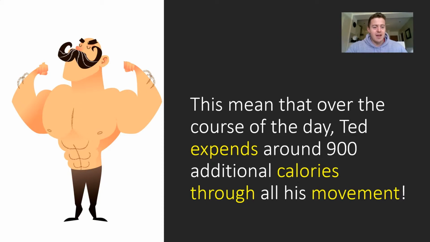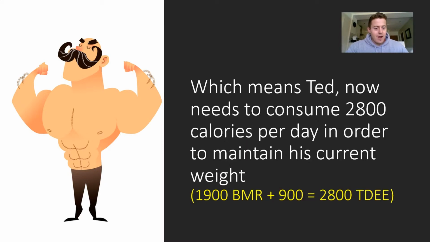That's things like breathing and digesting food. When you add them up, it comes to 2,800 calories. So this is his total daily energy expenditure. You work this out by adding your BMR, the amount of calories you need to survive as a human being, plus the expenditure you do through daily activity, which includes anything from going to the gym, to walking, to just moving around the house, picking things up.